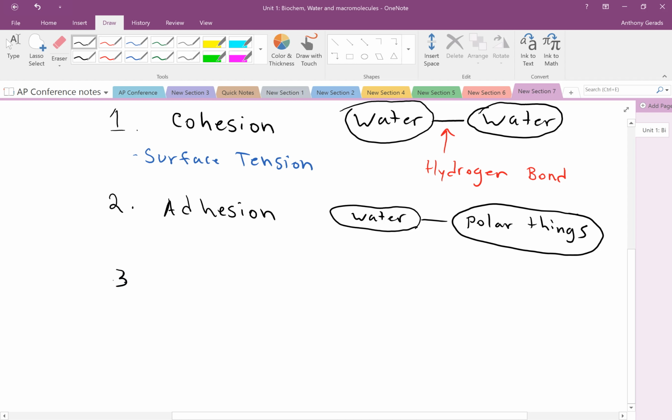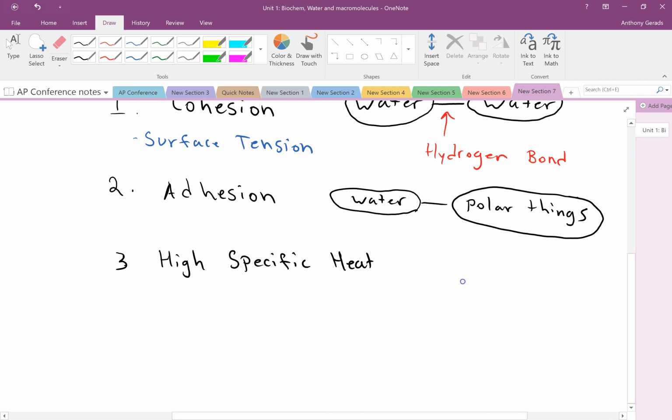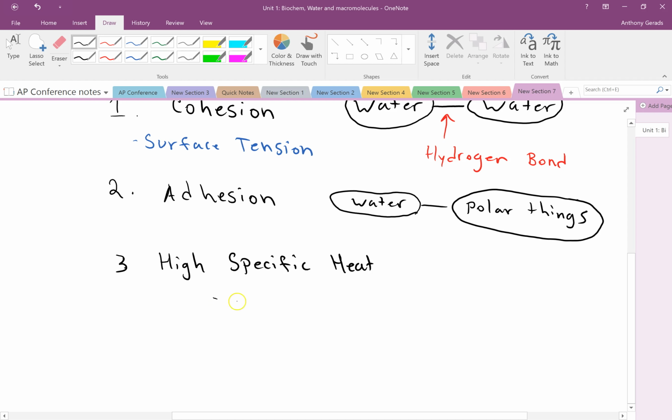Number 3 is going to be, it's got high specific heat. Okay. So with high specific heat, it's going to require tons of energy to change temperature.